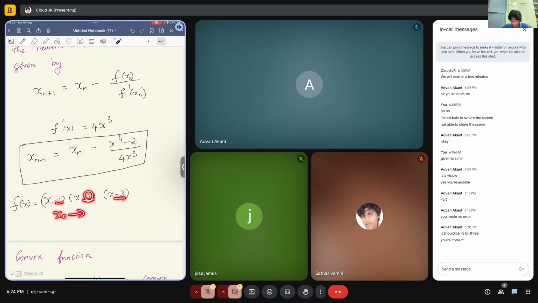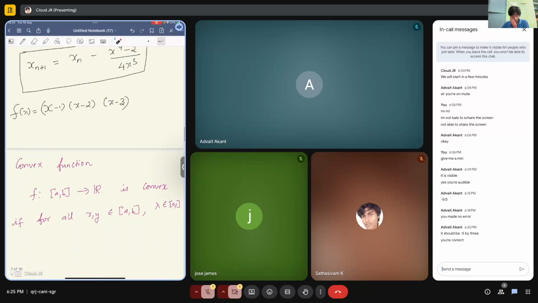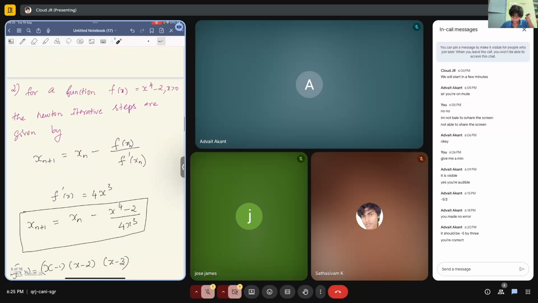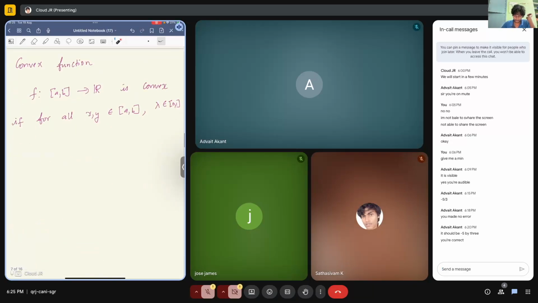In that case, you probably start with another point, let's say y naught, and it may converge to the other root. As long as you choose points which are close enough, it's most likely that it will converge to the roots that you want. Okay, so let's move on to convex functions. There is not much to do here, so let's move on to convex functions.